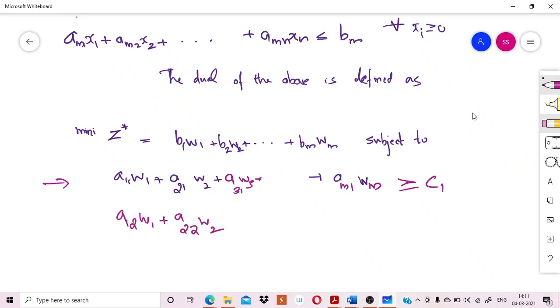A22 W2 plus A31 becomes A32. A32 W3 plus etc. plus AM2 WM and greater than or equal to C2, the second cost coefficient, right?